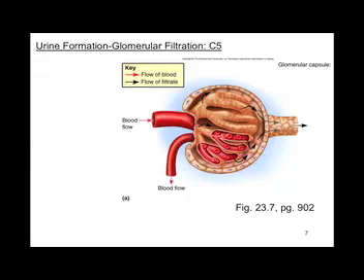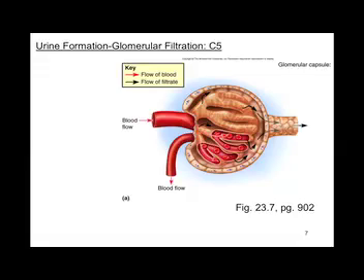We have our afferent and efferent arterioles, our glomerulus. As I mentioned, the glomerulus is a semi-permeable membrane. The capillaries themselves are fenestrated. And I mentioned that before when we talked in chapter 20 about the different types of capillaries.